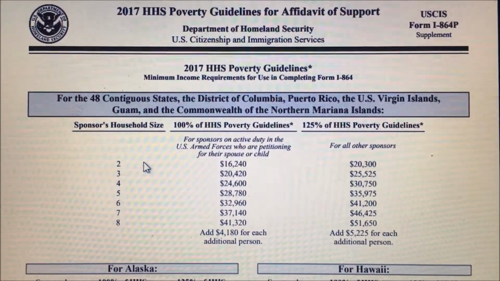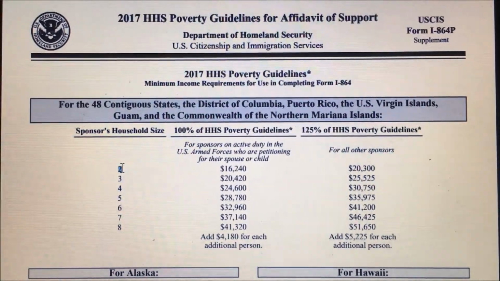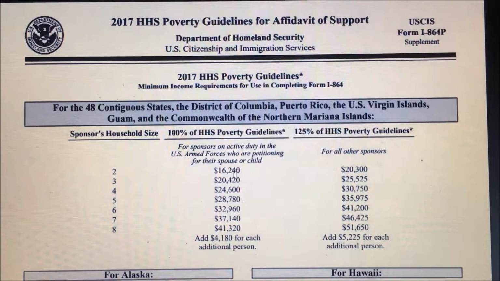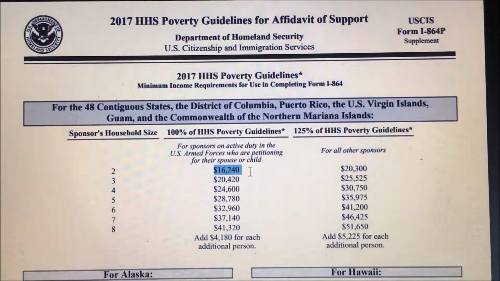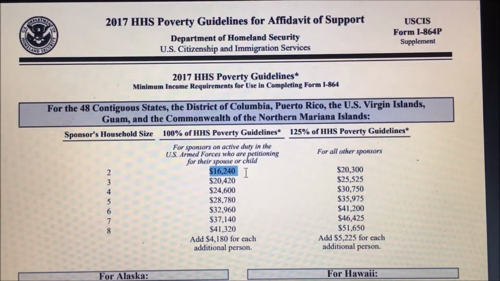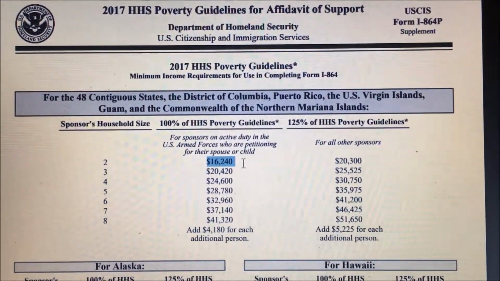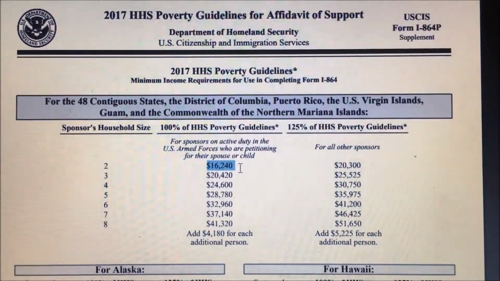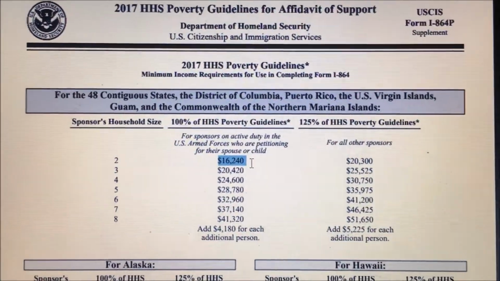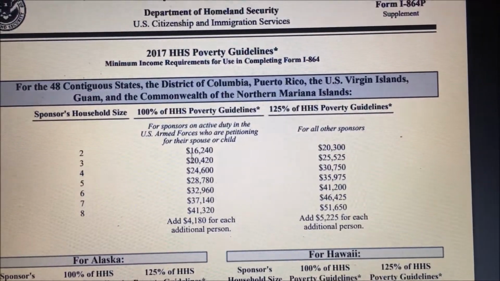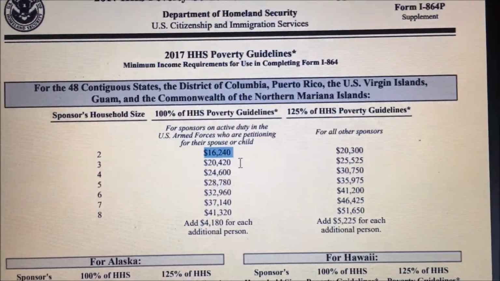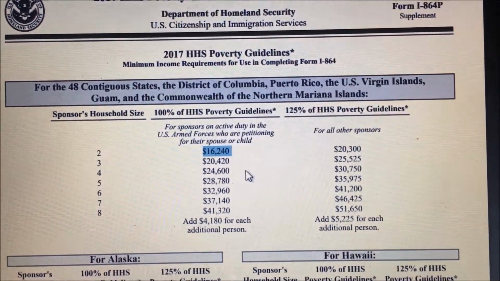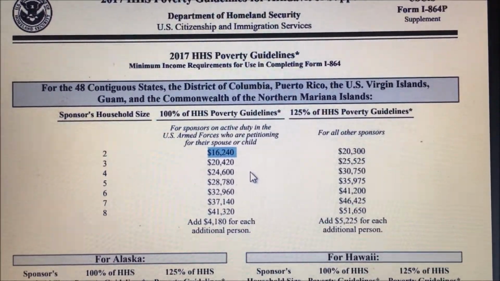On the row of household size 2, the poverty guideline is 16,240. Meaning, this is the minimum income that Marcus needs to meet. If Marcus' income is lower than 16,240, we need to have a co-sponsor or joint sponsor.